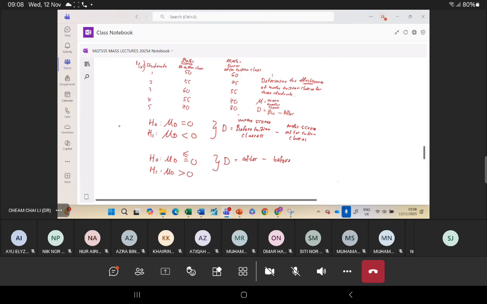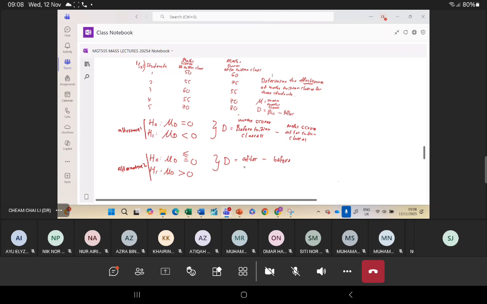Now, another way to define the difference. So that is alternative 1, and this is alternative 2. Let's say I define my D as after tolak before, the math scores after tuition class tolak dengan the math scores before tuition class. If the tuition class is effective, after the tuition class the math score is higher than before.